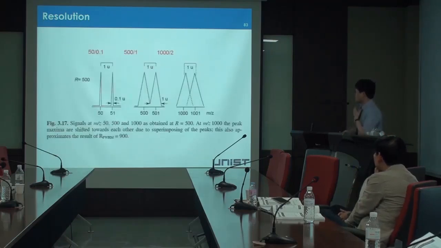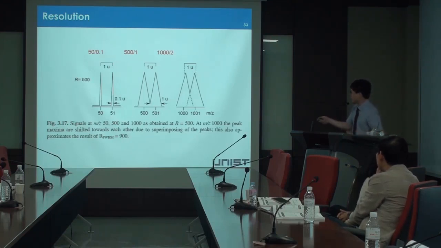This is an example of resolution. At the same resolution, R is 500. For a small molecule with molecular weights of 50 and 51, the difference is 1 unit, and with resolution R of 500, they are separated. For a molecular weight of 500, a large molecule, with the same resolution R of 500, the peaks overlap a little bit.